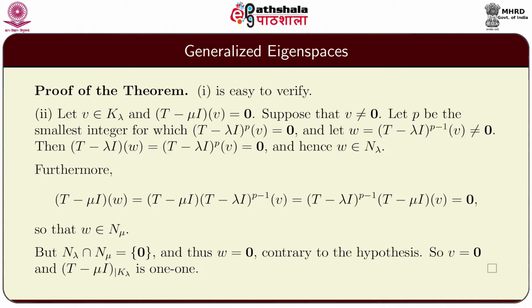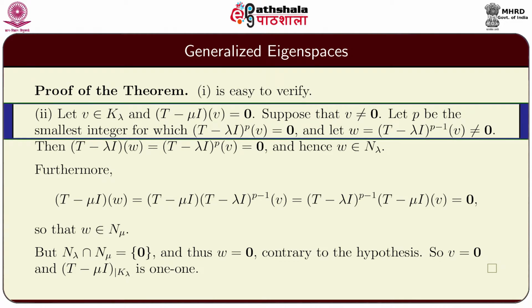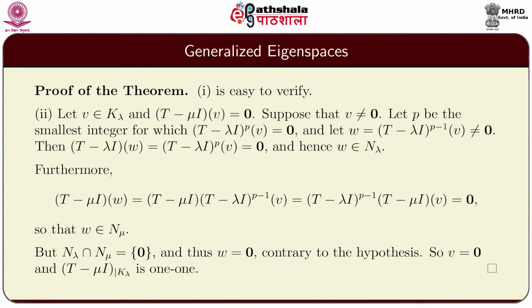Proof of the theorem: 1 is easy to verify. Now, part 2. Let v be a vector in K_λ with (T − μI)(v) equal to 0. Suppose that v is not 0.